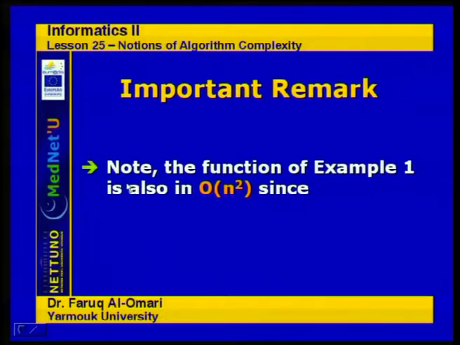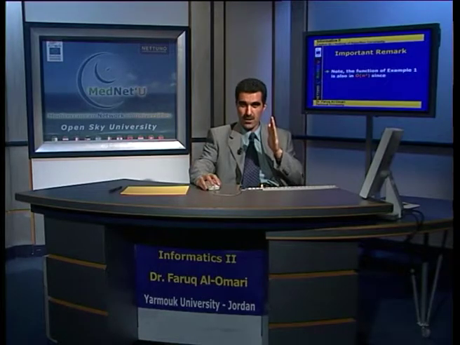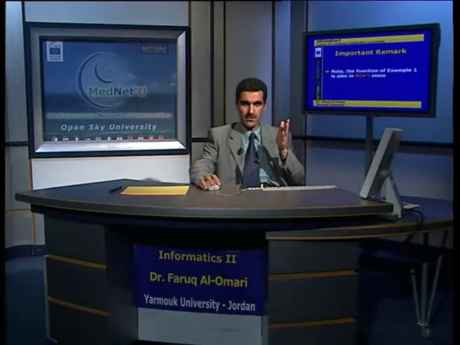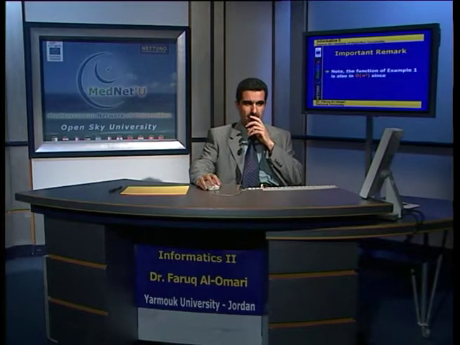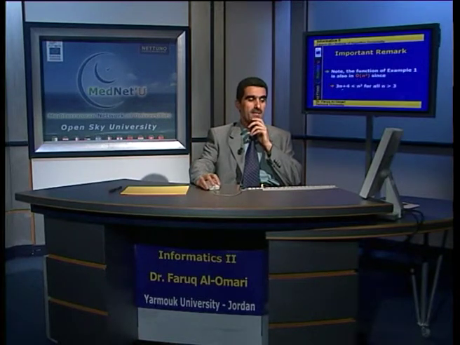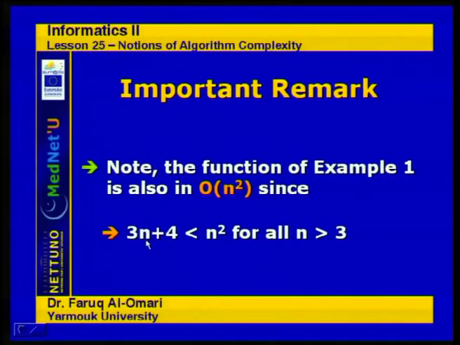Important remark. Note, the function of example 1, which we have seen, is also in the order of n squared. How does that come? The dominant factor in there was n, right? I didn't have n squared. Why would it then be in the order of n squared? Since 3n, the function that I have, is always less than n squared, right?